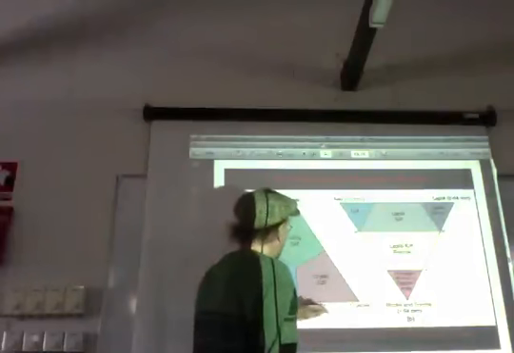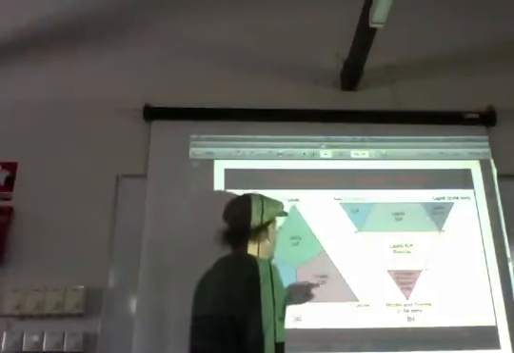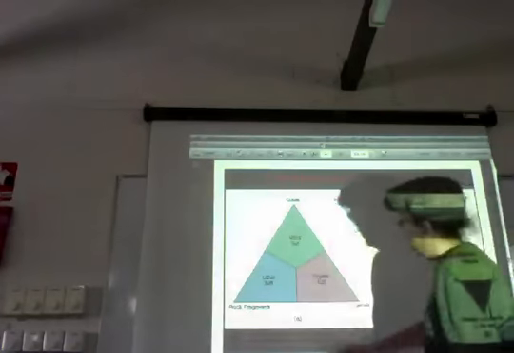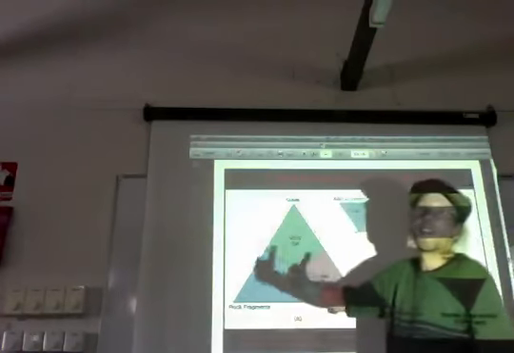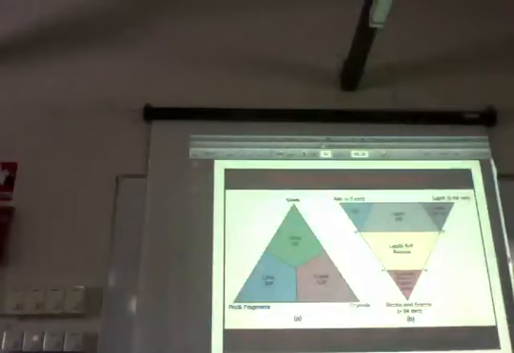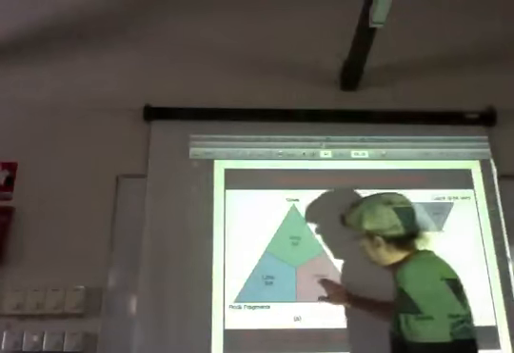You have different types of tuff: the lithic tuff, the crystal tuff, and the vitric tuff. In the lithic tuff you have some rock fragments inside. These rock fragments have nothing to do with the ash flow; they were just picked up. And then we have the crystal tuff, where you have some crystals inside.